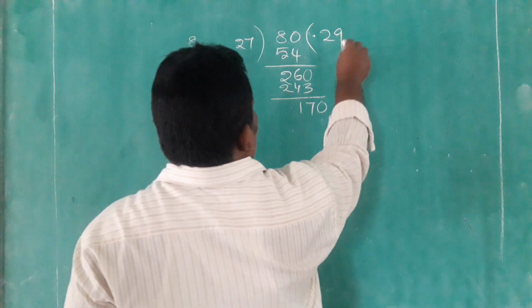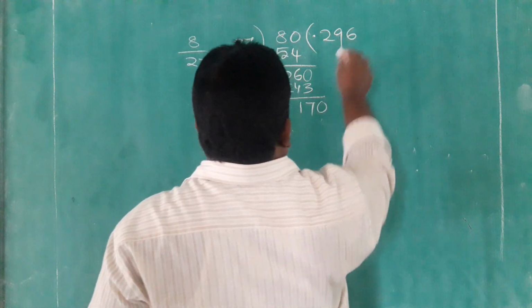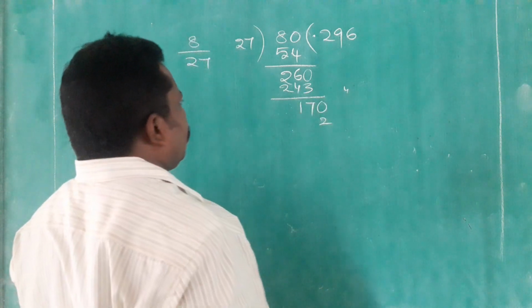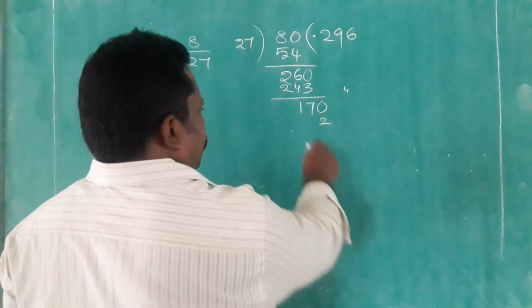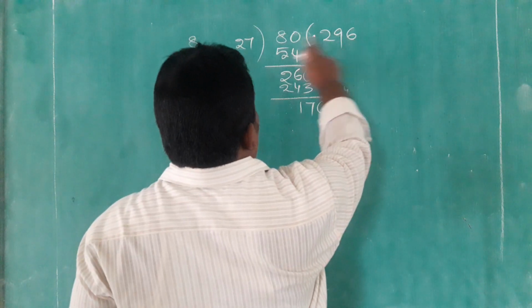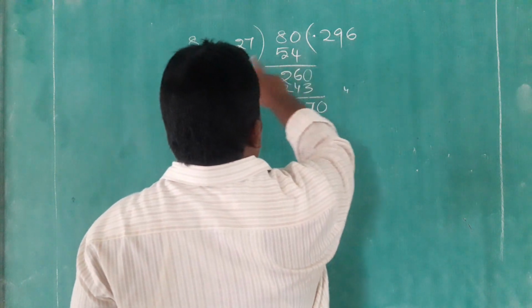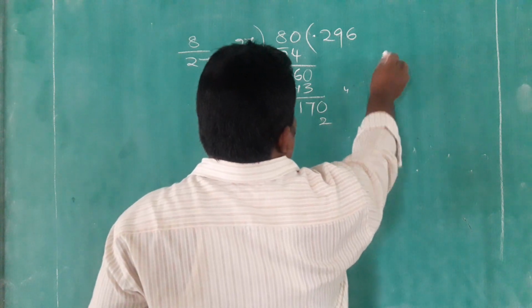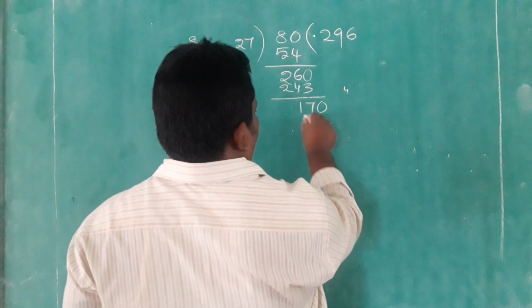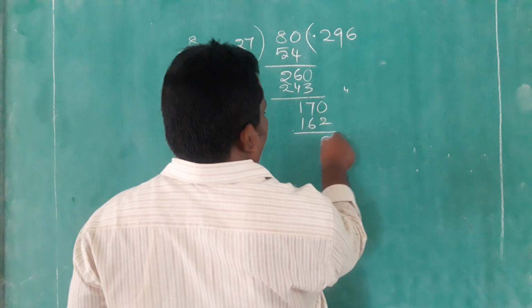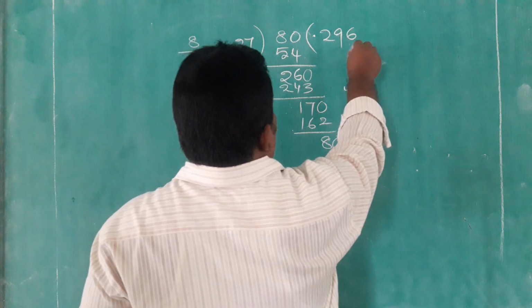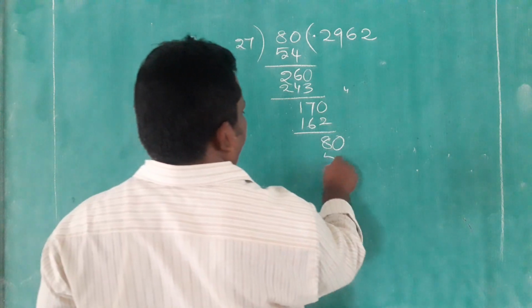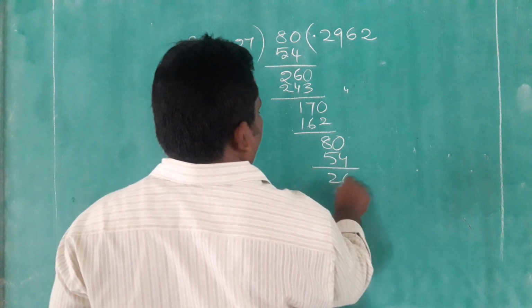Put 0 and 6 times, 6 sevens are 42 and 6 twos are 12, 162, remainder 8. Again, 2 times, 54 and 260.